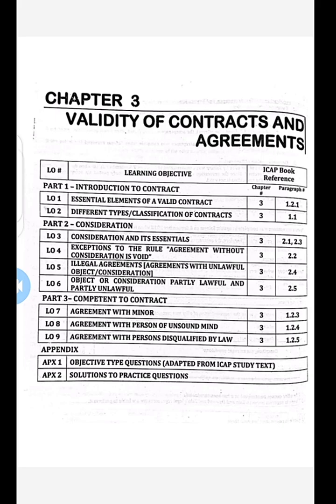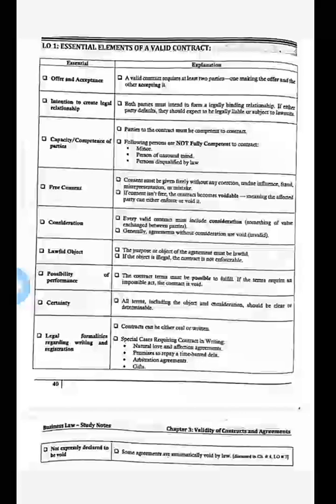So before taking too much time, let us discuss what a contract is and what the essential elements of a valid contract are. I hope you know the idea behind the contract.